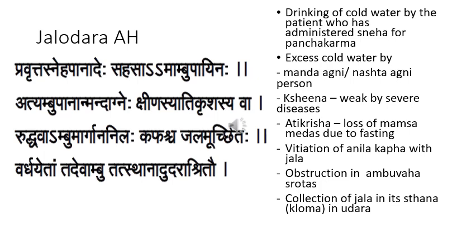Because for these kshina and atikrisha persons, Vata vriddhi occurs and excess fluid accumulation leads to Kapha dushti along with jala. So the Jala, Ambuvaha Srotas in total, along with Vata and Kapha, is vitiated, and there is obstruction in the Ambuvaha Srotas leading to collection of jala in its sthana. Its sthana is kloma. Kloma is a controversial organ. Here you have to consider it somewhere near the pancreas.